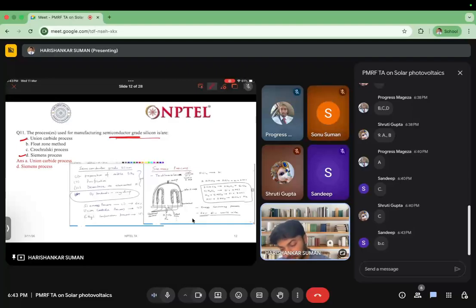Siemens is also given to you, and others will be ethyl carbonation and union carbide. Siemens is giving you 60%, and ethyl carbonation process 15%, and union carbide process 15%. Semiconductor grade silicon. Please see this picture taken from the lecture.